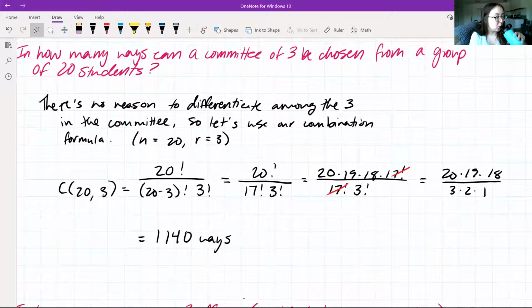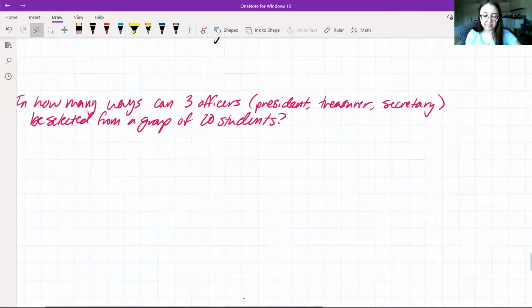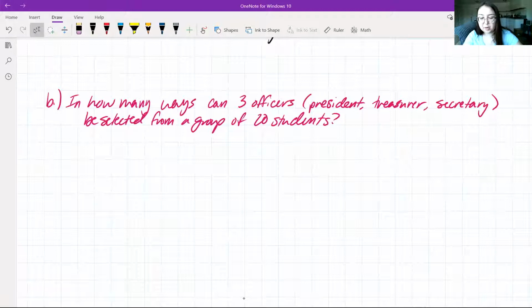All right. Now, taking the same situation, we're going to say, in how many ways can 3 officers, so a president, a treasurer, and a secretary, be selected from a group of 20 students? So it's the same kind of idea, but now we need to differentiate.